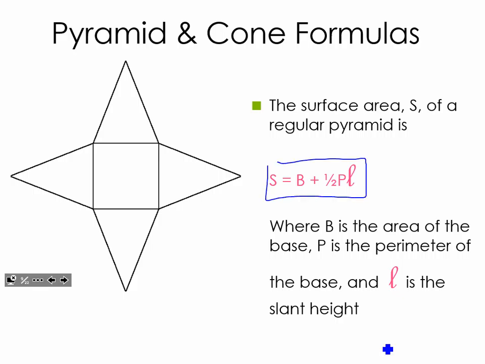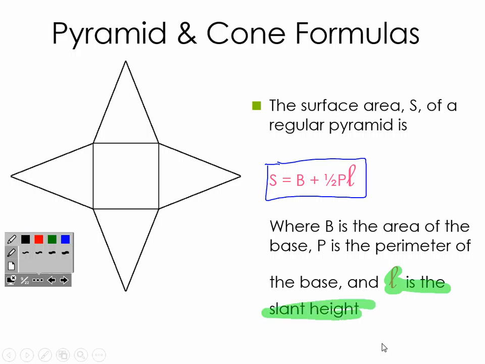We have to understand a new little term or relationship. B, you already know, is the area of the base. P, you know, is the perimeter of the base, but this L here is what we call the slant height. The slant height is the height of the lateral face, excuse me, not the height of the pyramid. The height of the pyramid goes from the center to the vertex.